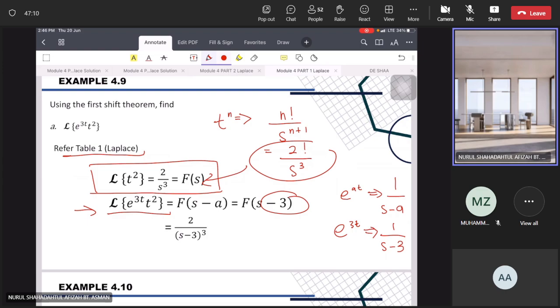And so this is the combination. This one you substitute. Our s is this one, s minus 3.